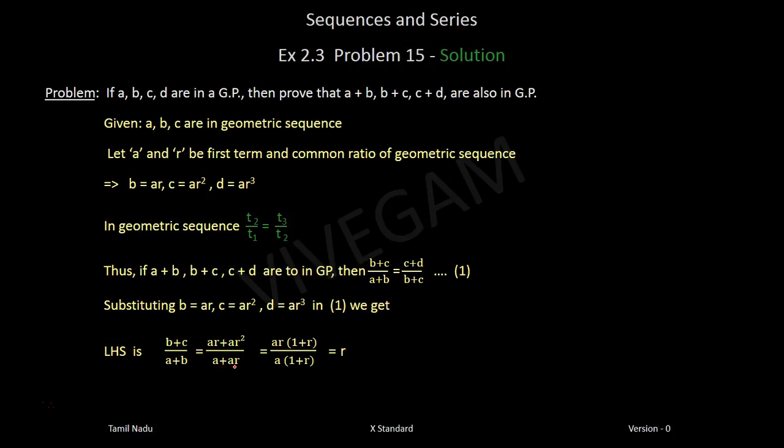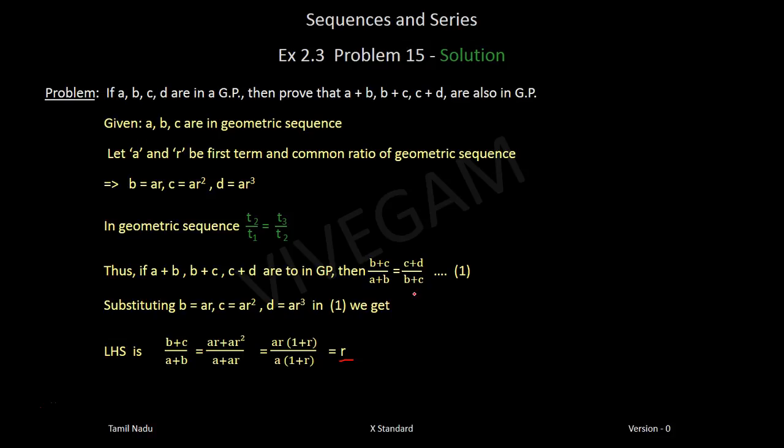And here you can take A commonly out, so it becomes A into (1 plus R). So 1 plus R and 1 plus R will cancel, A and A will cancel, and it will become R. So the LHS, (B plus C) by (A plus B), reduces to R once you put B equal to AR, C equal to AR squared and D equal to AR cubed and simplify it.